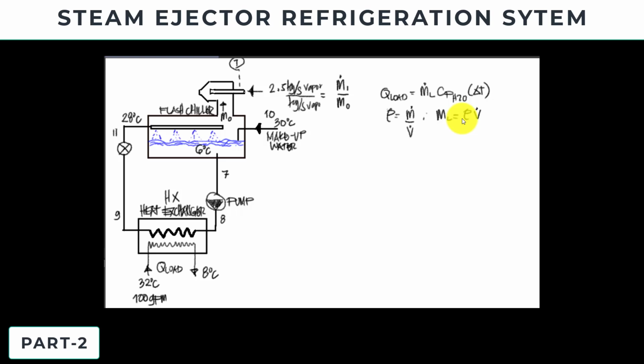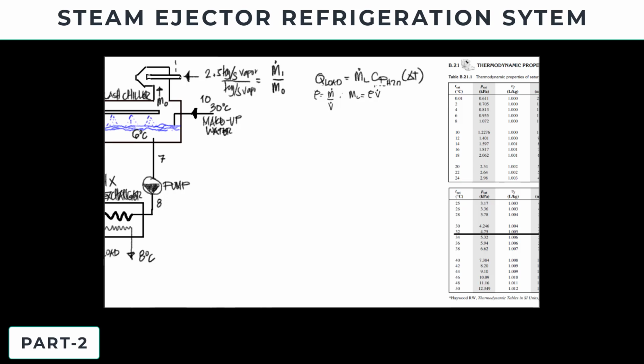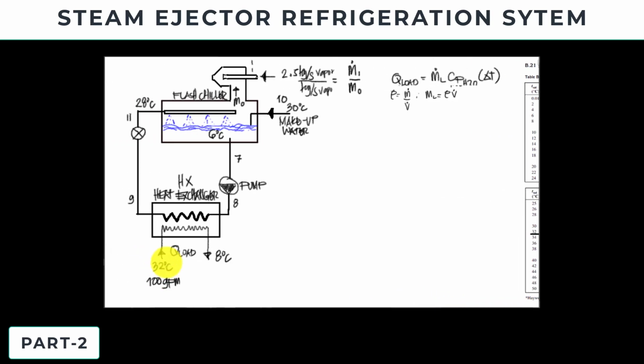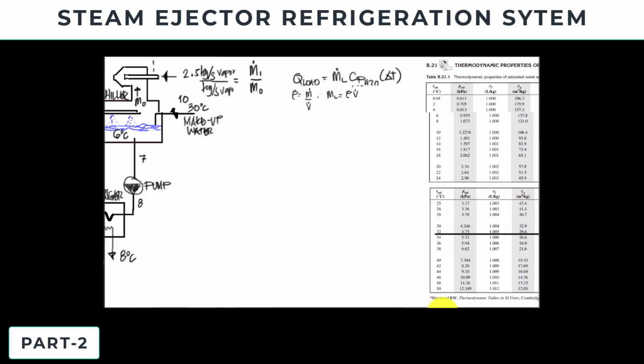Now, since we have been using tables, we may compute this directly from the steam table or the refrigerant table that we'll be using. I bring down here the steam table. Initially we have the temperature in, 32 degrees Celsius.